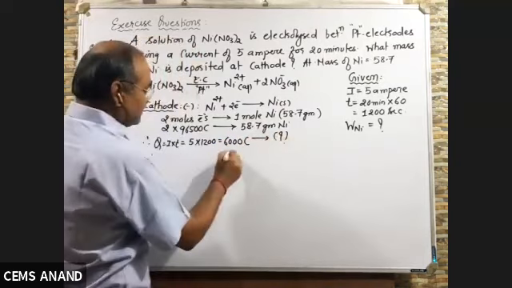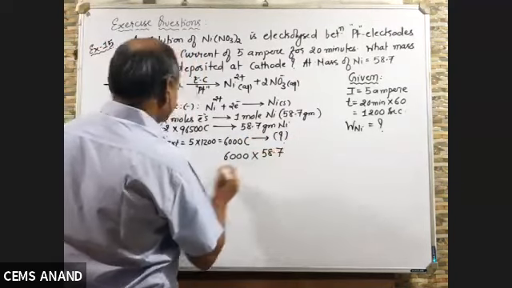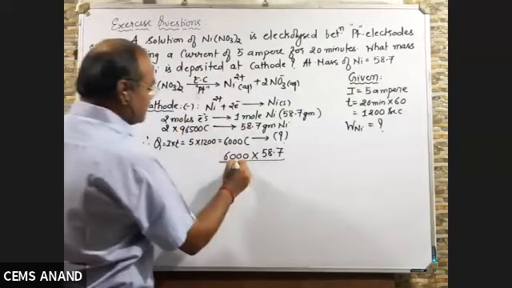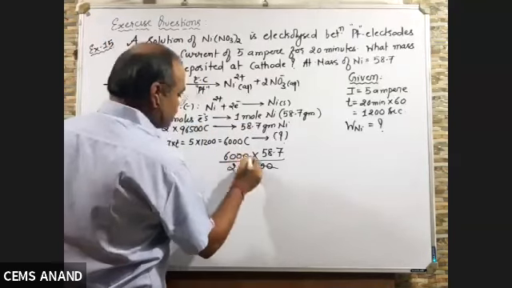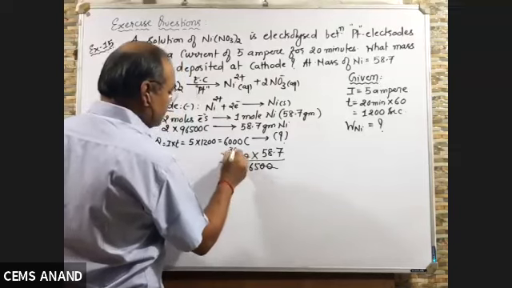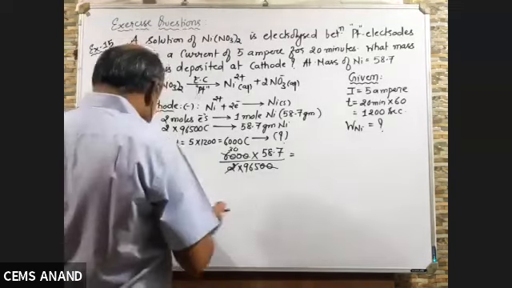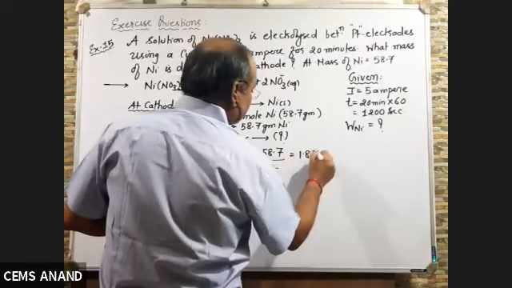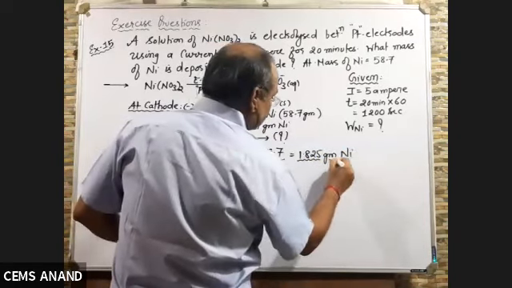It will be 6000 into 58.7 divided by 2 into 96500. So 2 zeros will be cancelled. This will be 30. And if you calculate it, you will get your answer. The nickel deposited is 1.825 gram. This is your answer.